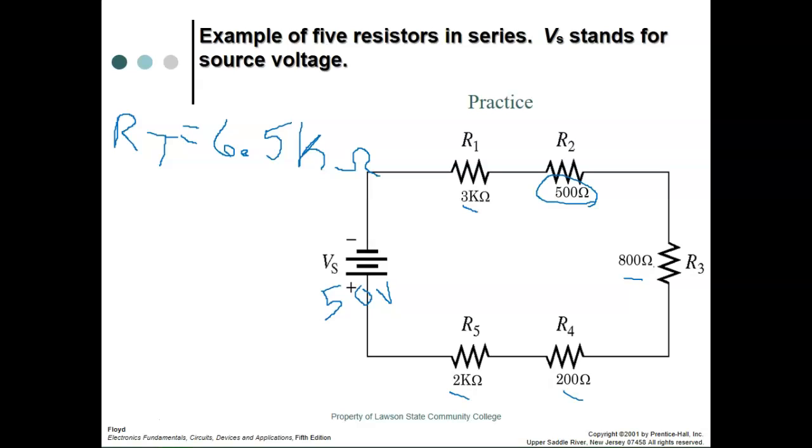Alright, so I have my VT and I have my RT. What would be my current?